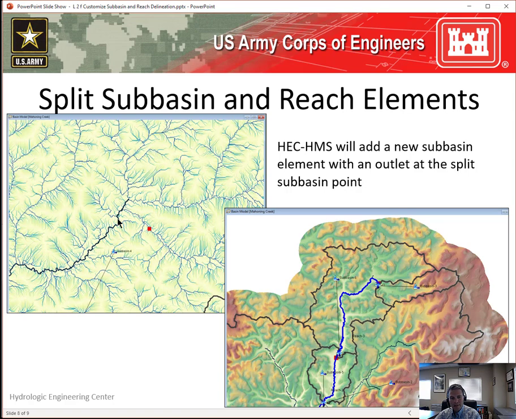You would select that subbasin, go to the split option, zoom in, and then make sure you click on a cell that is part of the stream right where you want to subdivide the subbasin element. And then in the lower right figure, you can see the byproduct of this split operation. We now have this small little subbasin up in the headwaters after delineating to this point, represented in the figure in the upper left.